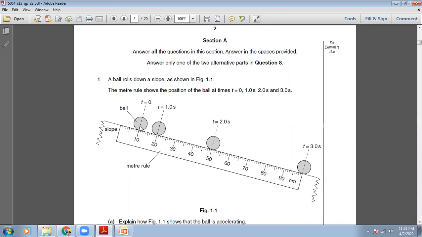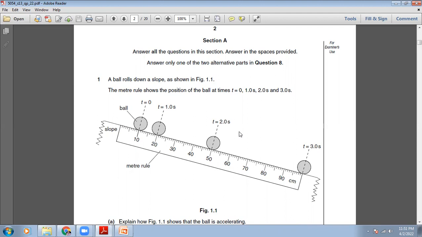So you can see that during this 1 second time lapse, the ball has covered 10 centimeter. During this 1 second time period, the ball has covered 30 centimeter. And during this time lapse of 1 second, the ball has covered 50 centimeter.